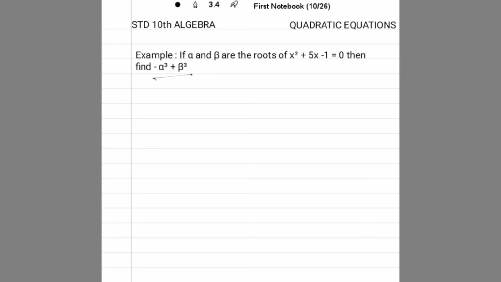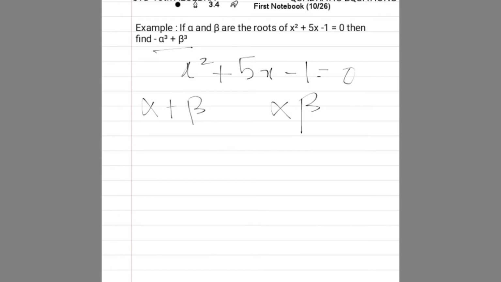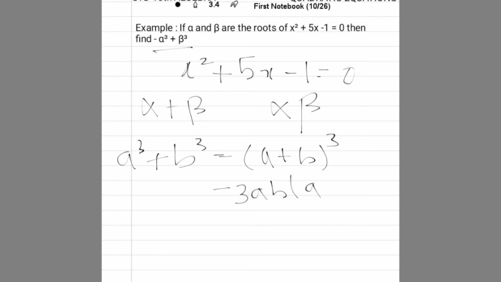Now the given equation is x square plus 5x minus 1 is equal to 0. Now we have to find the value of alpha plus beta and alpha into beta. Why is this? Because if you remember the identity, a cube plus b cube is equal to (a plus b) whole cube minus 3ab into (a plus b).